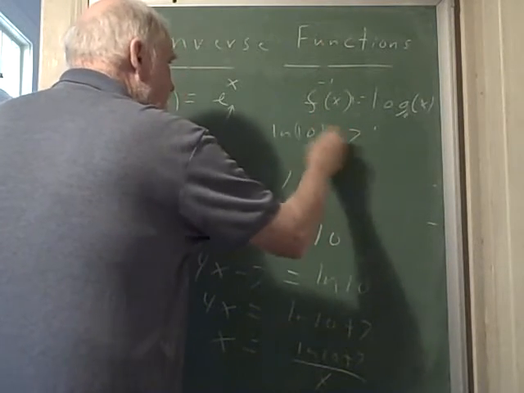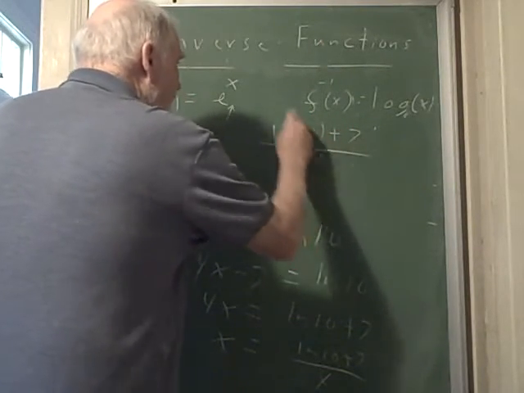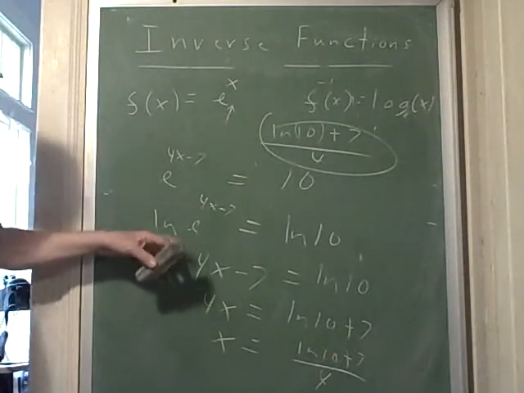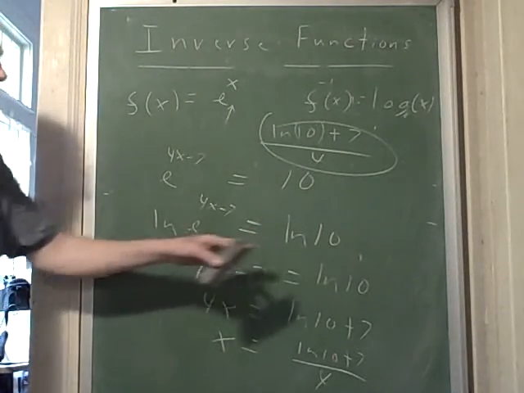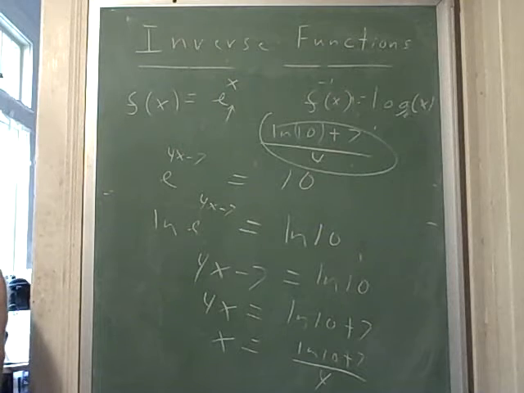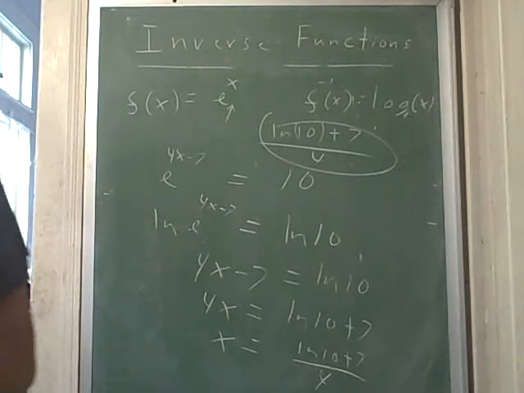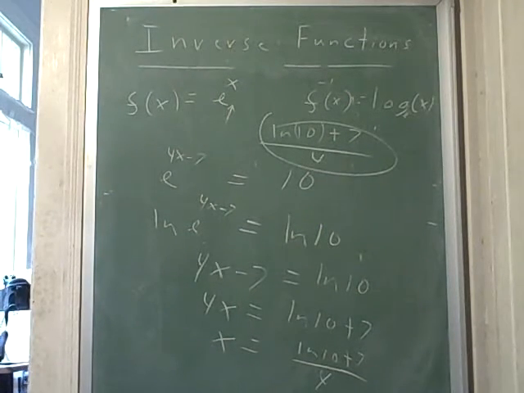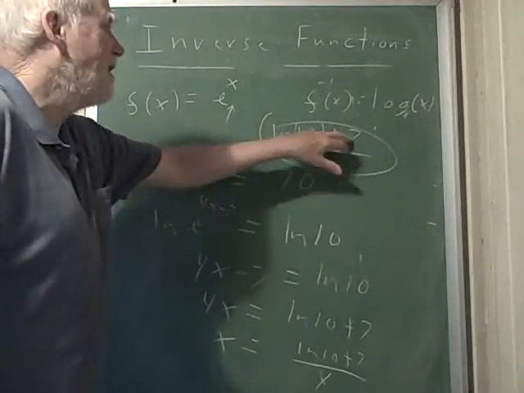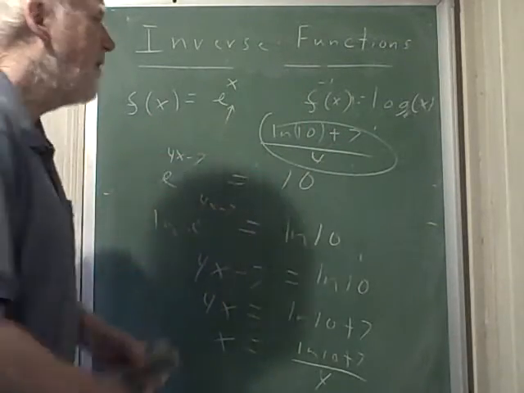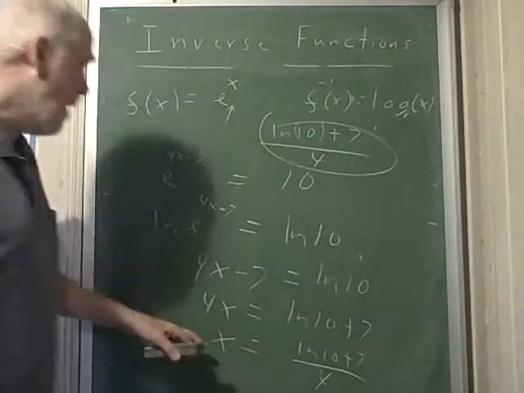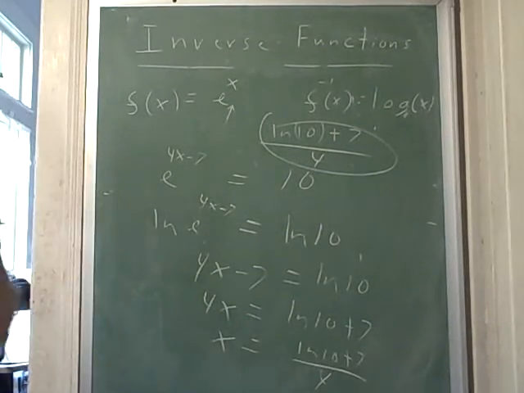I'll put this in parentheses so you can see this belongs to the ln, over 4. And that's the answer I got by solving it. Notice I got that by taking the log of both sides. And you can get this in your calculator, by the way. Put ln 10 plus 7, enter, and then divide it by 4, and you'll get your answer if you want an approximation for x there.